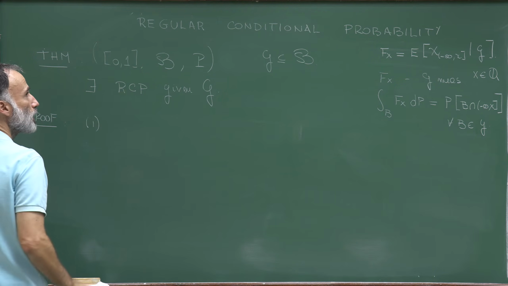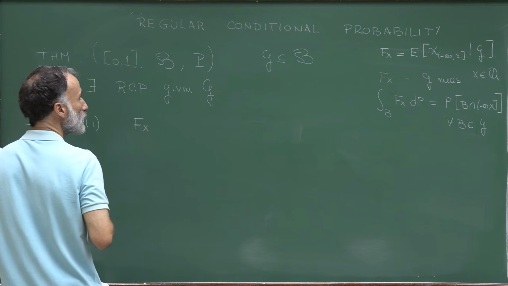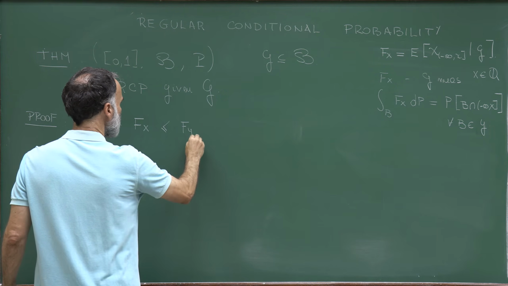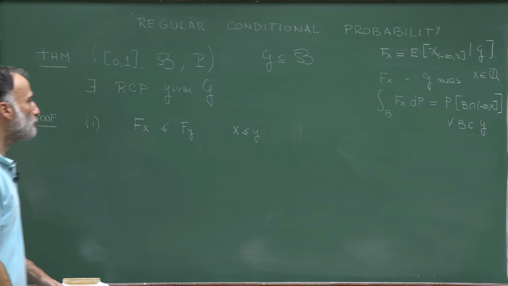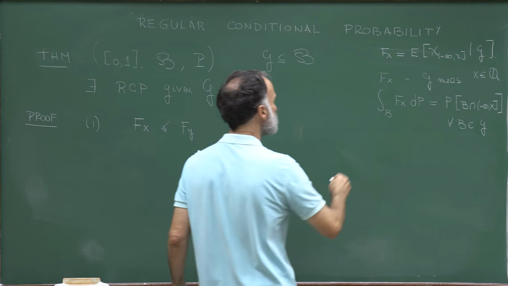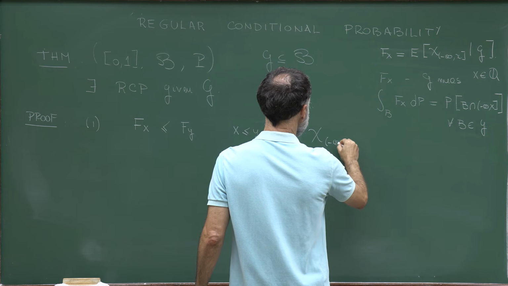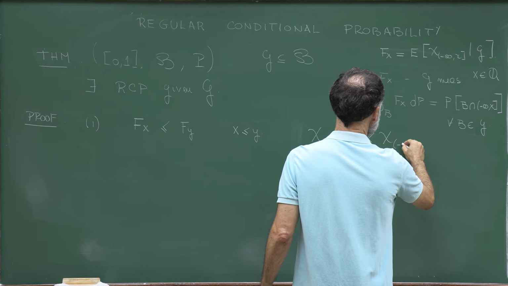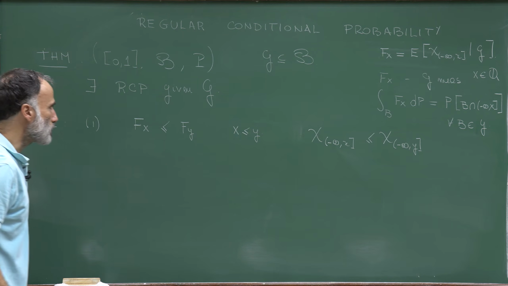So my first claim is that f_x is a function which is G measurable, and that it is less than or equal to f_y if x is less than or equal to y. This is almost obvious, because the indicator of (minus infinity, x] is less than or equal to the indicator of (minus infinity, y], since x is less than or equal to y.